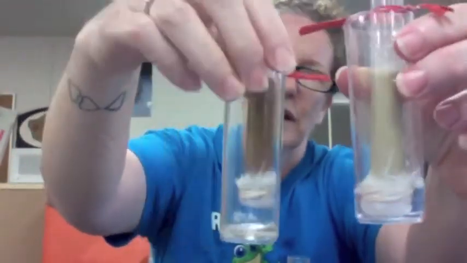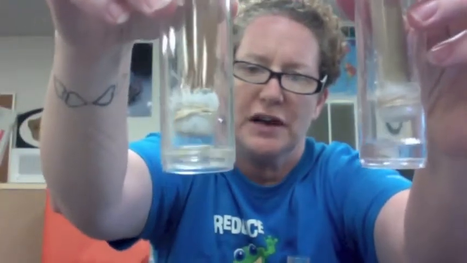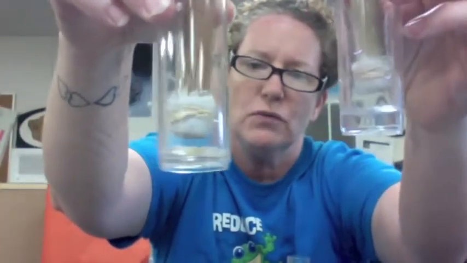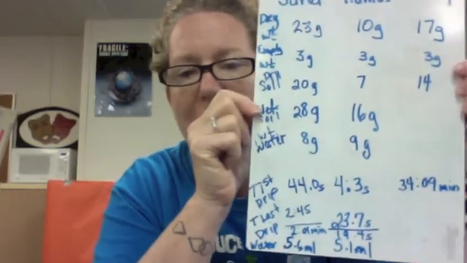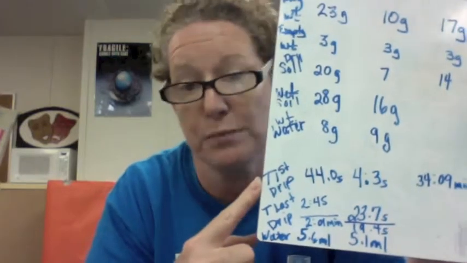See, we got the water. Oh darn, we've just absorbed all that. All right, so see how much water we have in the bottom of that versus the bottom of this. So we have very little water coming out of the clay, but we had a fair amount of water come out of the sand. All right, so we don't even really have to wait for the clay to be done to declare some permeability here, do we?